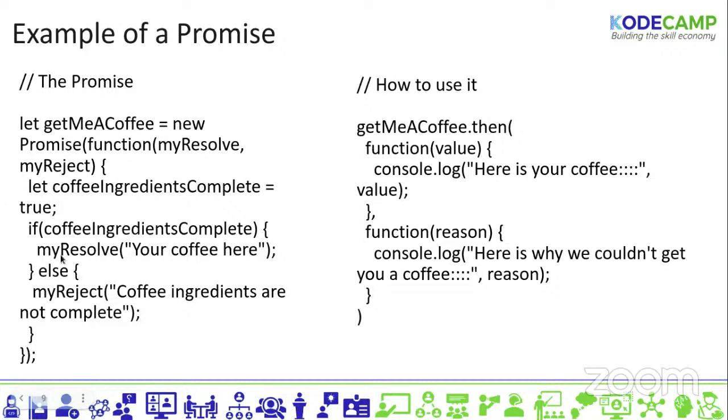If it generates a positive value, you can use that value to say that this promise has been resolved successfully, then you use myResolve. But if it doesn't go well, after the logic you've written here, you check that logic, and it's not what you expected, then you can send back the reason why it didn't go well.